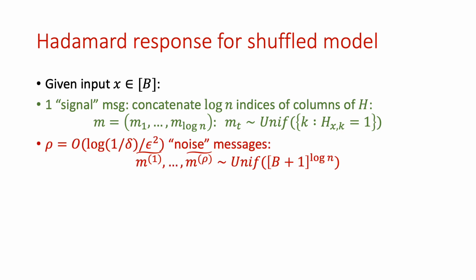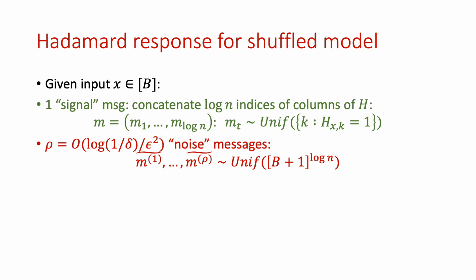Additionally, we're going to output a bunch of noise messages. In particular, let rho equal an integer on the order of log 1 over delta over epsilon squared. And we denote these noise messages by m tilde 1 through m tilde rho. And each of them is simply drawn uniformly from the log n tuples of integers from 1 to b plus 1.